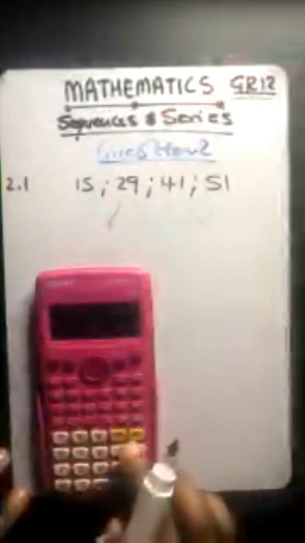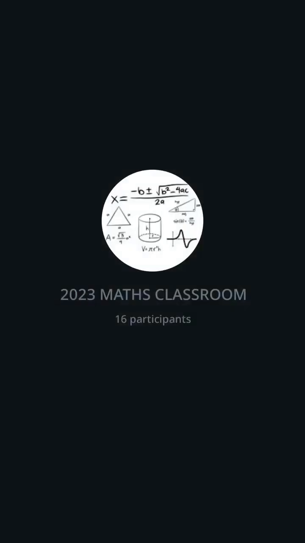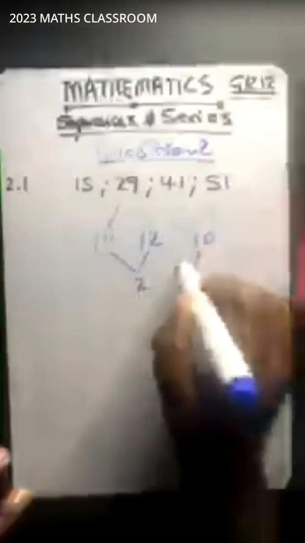What is 29 minus 15? It is 14. 41 minus 29 is 12. 51 minus 41, that is 10. So it gets easier to get the difference in this. The second difference is 2.